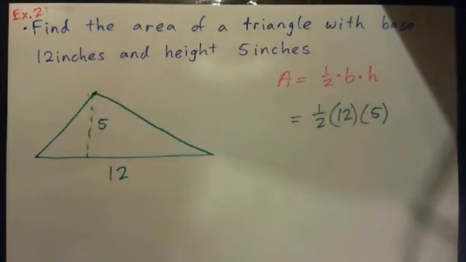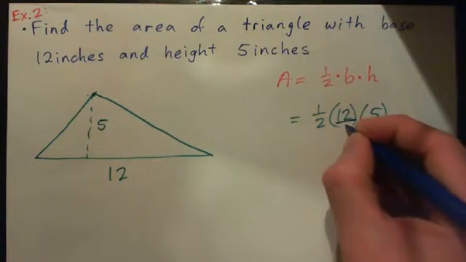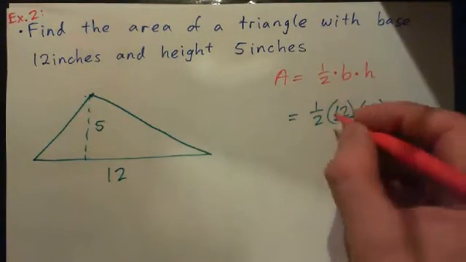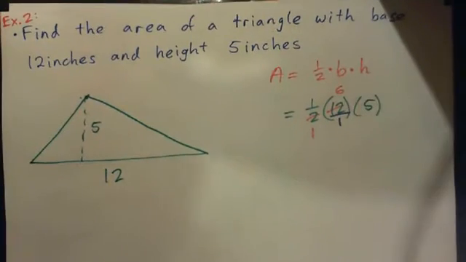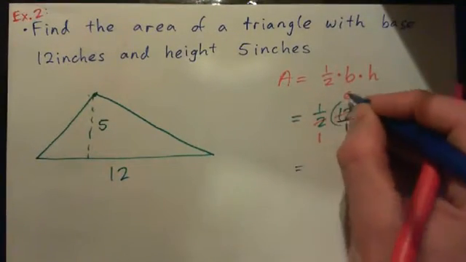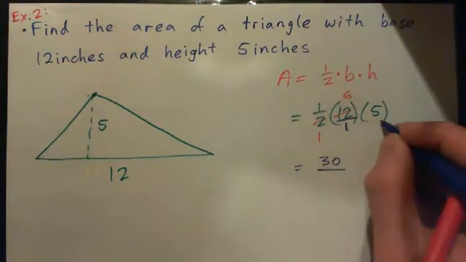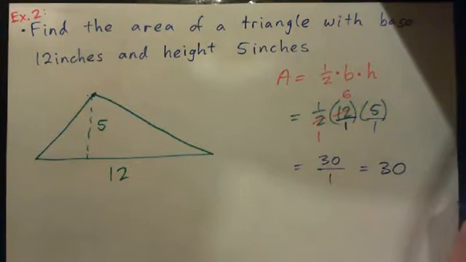Then we multiply those out. Now we've practiced multiplying by fractions. I'm going to turn this 12 into a fraction: 12 over 1. See that? That means I can cross cancel with the top and bottom. 2 into 2 goes once, 2 into 12 goes 6 times, and that gives me 1 times 6 times 5, which is 30 over 1 times 1, and that's 30 over 1, which is 30.